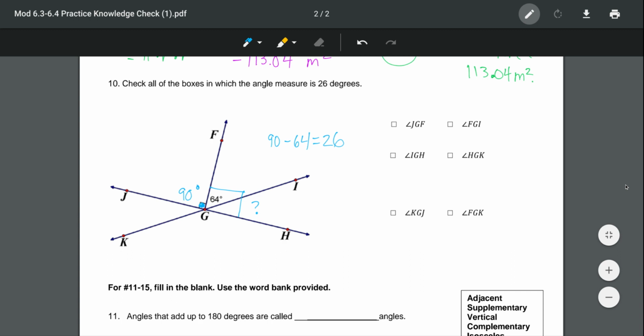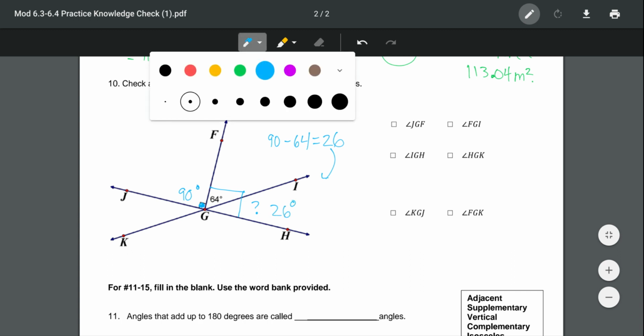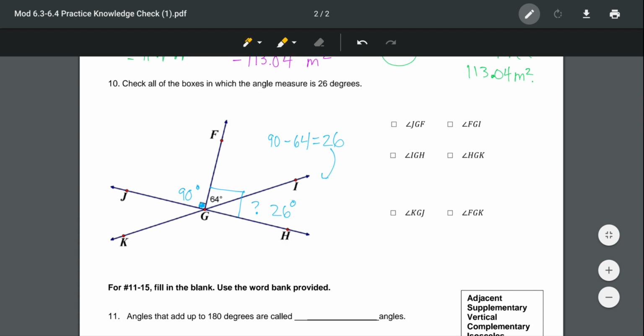We get that the difference is 26, so that means angle IGH is 26 degrees. Then angle IGH is vertical to angle JGK. Remember that vertical angles are exactly the same measure, so JGK would also be 26 degrees.